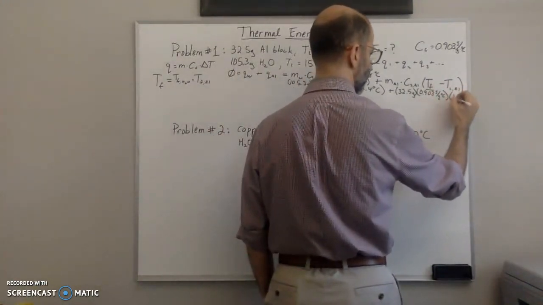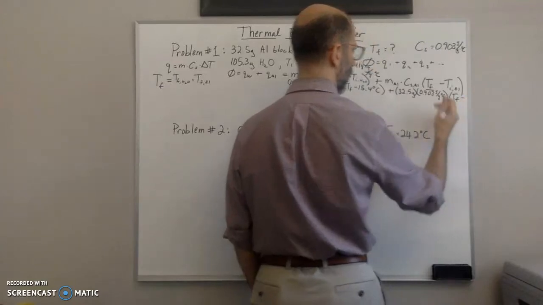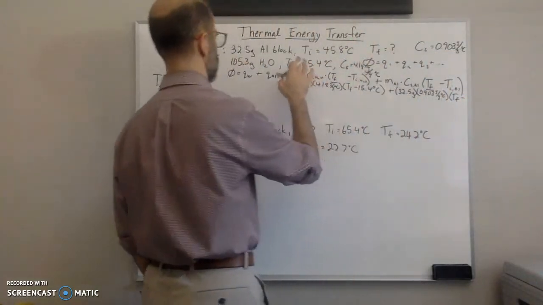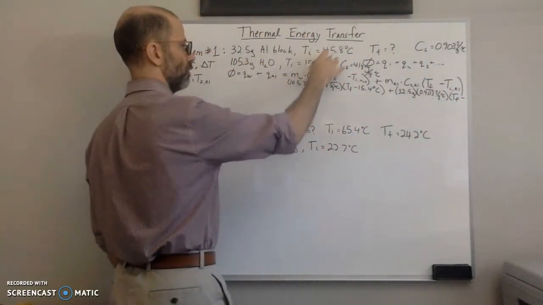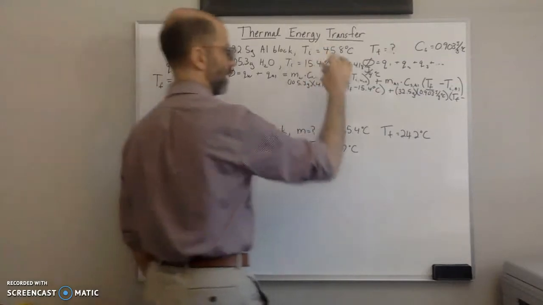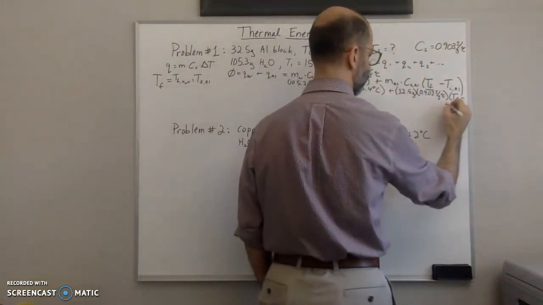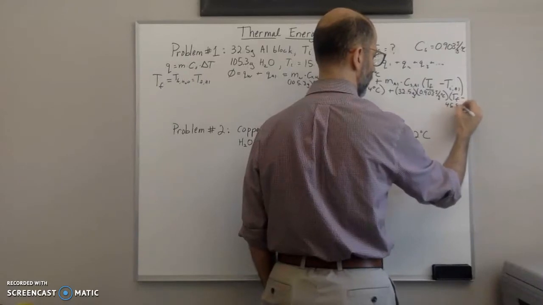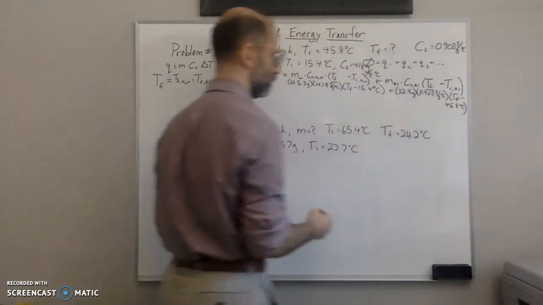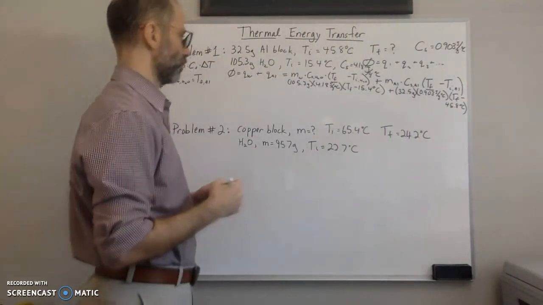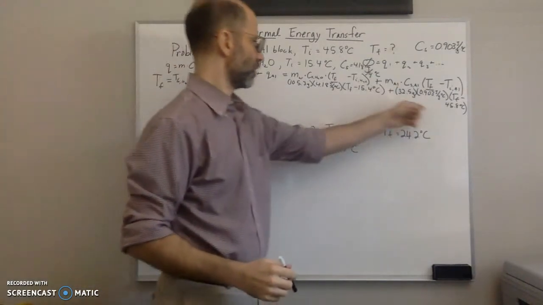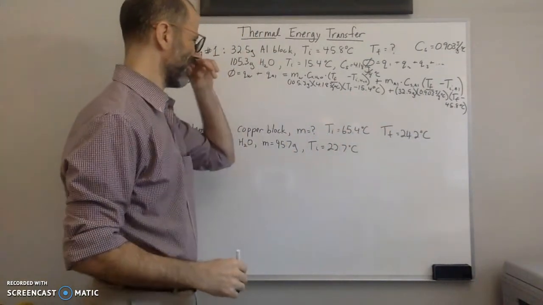So here we have T final again, minus the initial temperature of the aluminum block, which is 45.8 degrees Celsius. So now all you need to do is just solve the equation for TF.